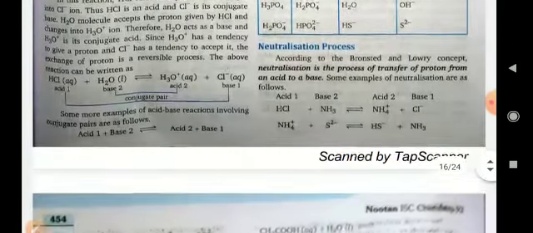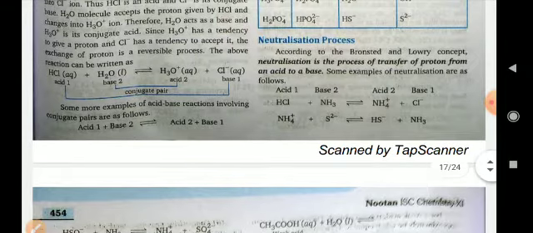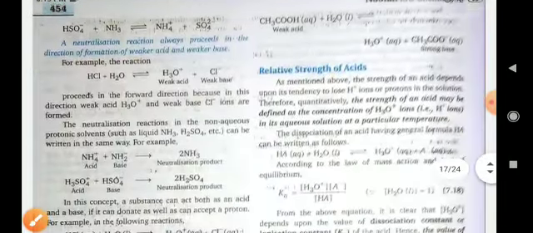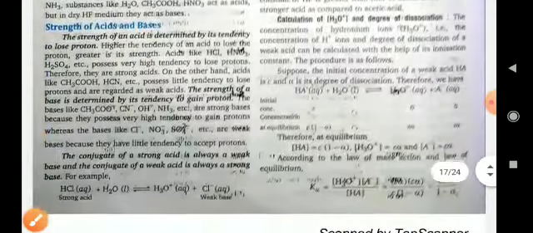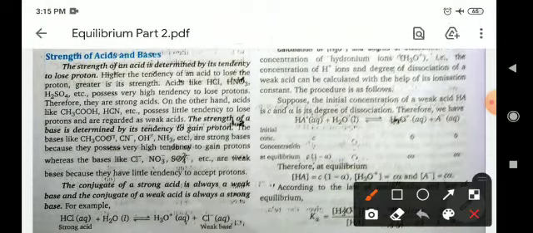Now, the neutralization reaction. As we know, when an acid and a base react, salt plus water is formed, and it is known as a neutralization reaction. There is also a concept of strong acids and strong bases. According to Arrhenius, acids which dissociate completely in aqueous medium are known as strong acids, for example HNO3, H2SO4 and HCl.